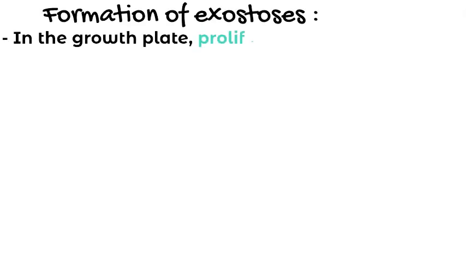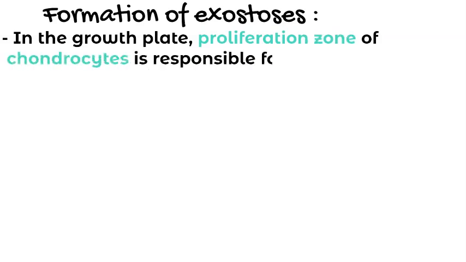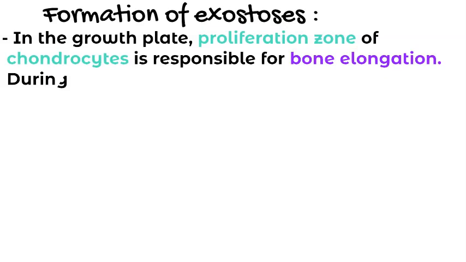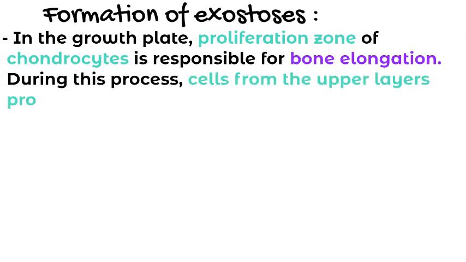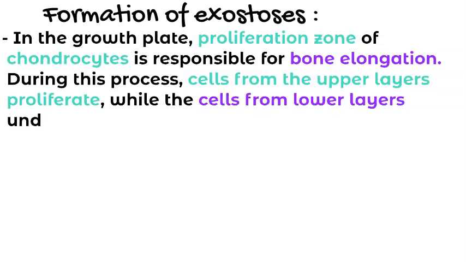Formation of exostosis. In the growth plate, the proliferation zone of chondrocytes is responsible for bone elongation. During this process, cells from the upper layers proliferate, while the cells from lower layers undergo apoptosis and then calcify.